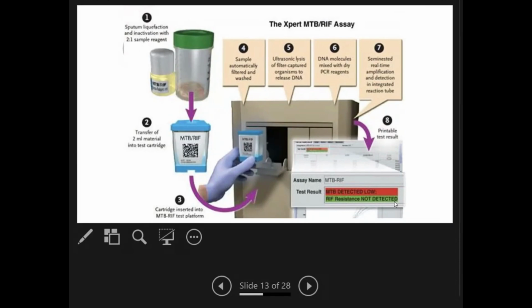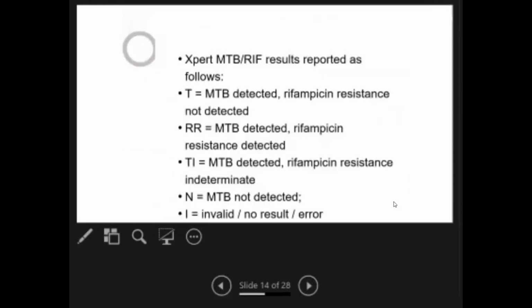So the technician needs to process the sample and then just put the sample into this cartridge, and within 100 minutes, you will get a result. So this is how we use the MTB RIF to give you the results.